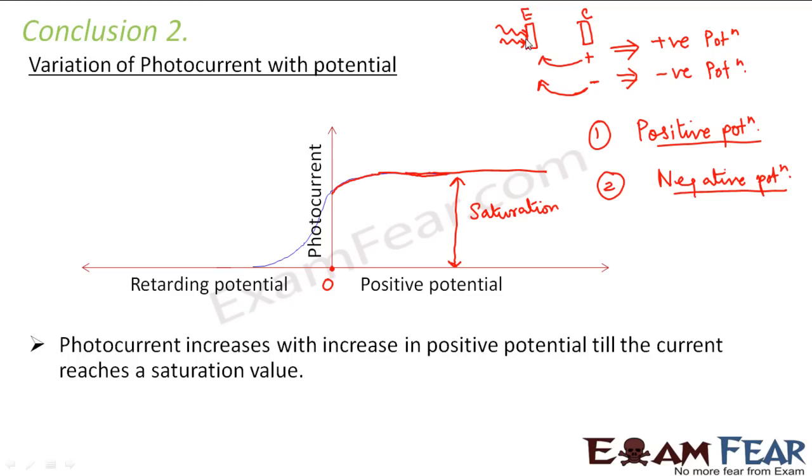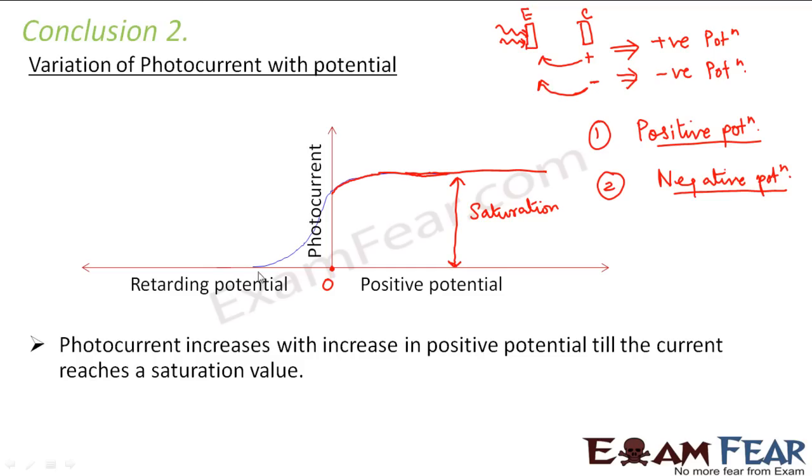So the current will not drop to zero, but it will decrease, because earlier the contribution towards current was by all the photoelectrons, but now the contribution has decreased because some of the electrons are getting repelled by the collector. So they are not moving towards the collector. Now a lesser number of photoelectrons are moving towards the collector, therefore the photocurrent is lesser.